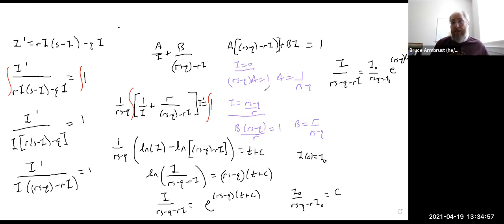So we can get the solution. It's not pretty. It's got exponential stuff in it, but we can definitely get our equation.